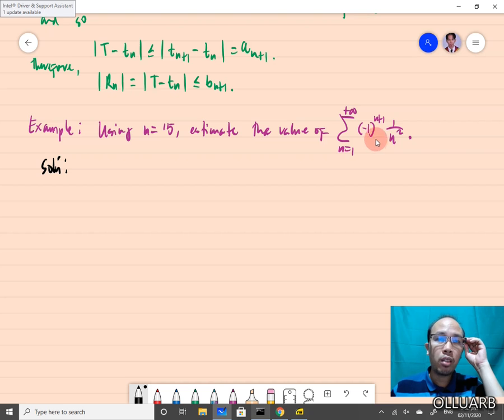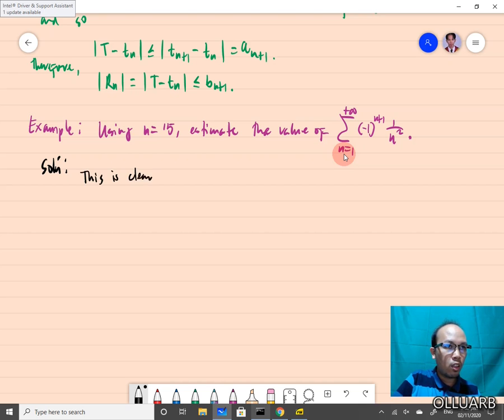Why? Because this is decreasing, if this is our a sub n, and clearly the limit of 1 over n squared is 0. So this is clearly an alternating series which is convergent.